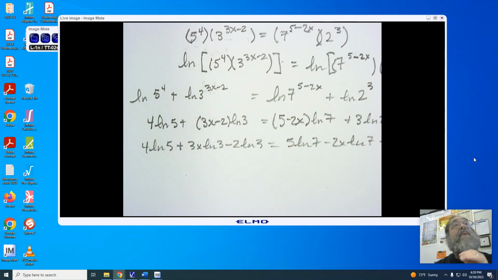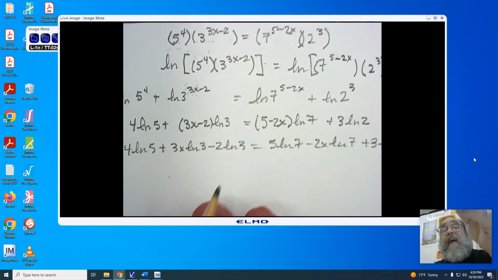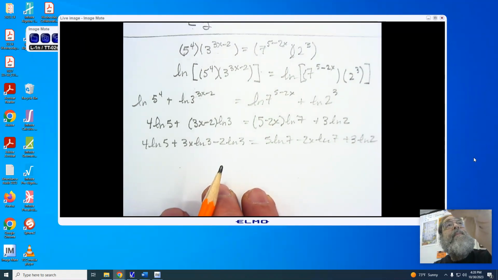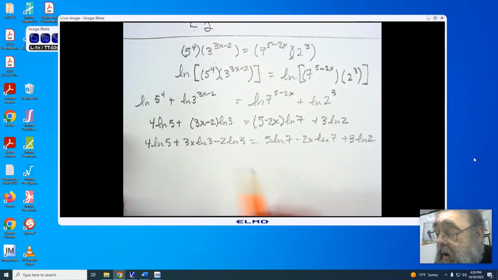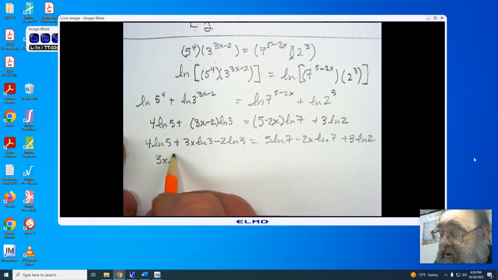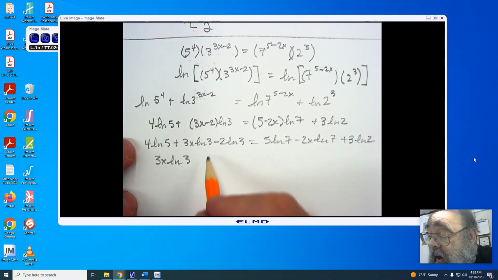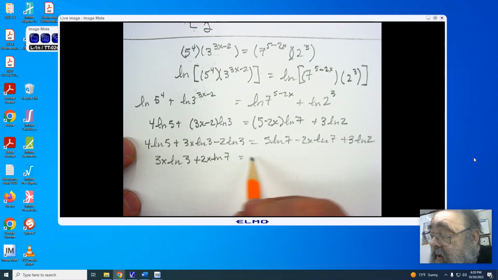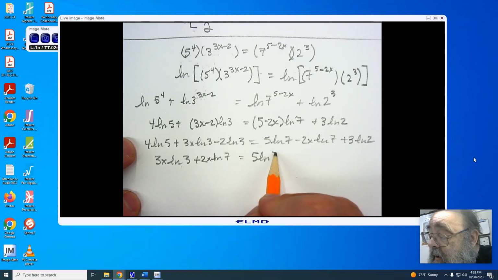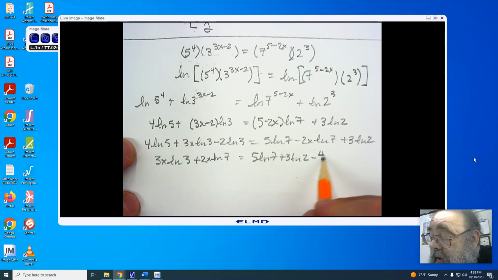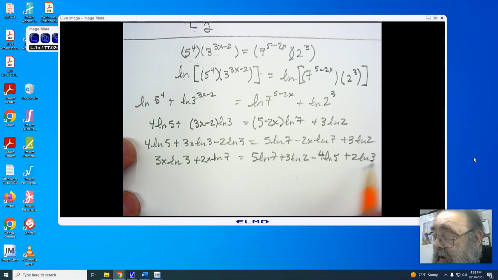We want our x's to be on one side and non-x's to be on the other. So I'm going to have 3x natural log of 3 here, and I'm going to add to it 2x natural log of 7. It will then equal 5 natural log of 7 plus 3 natural log of 2 minus 4 natural log of 5 plus 2 natural log of 3.